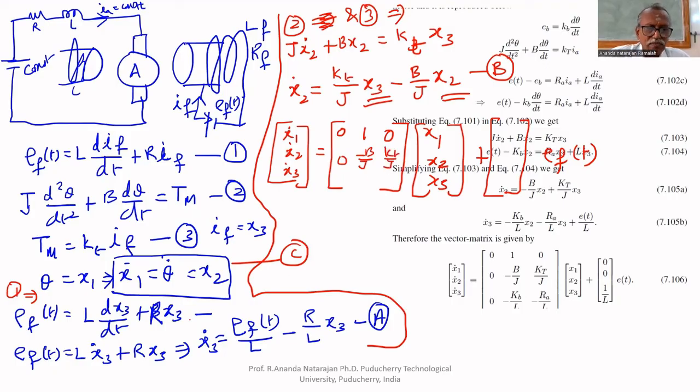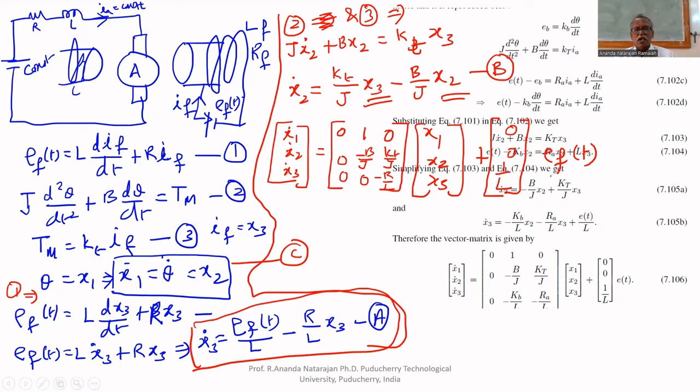X3 dot is a function of x3 alone, therefore 0, 0, minus R by L. EF of t appears in the final equation only, so 0, 0, 1 by L. That's all.